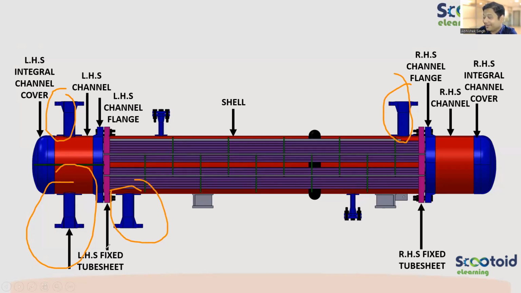Tube side entry pipe. There is a particular name to it. Yes, nozzle. So you will not call it inlet pipe, outlet pipe. What will you call it? It's a nozzle. Okay, it has a particular name.